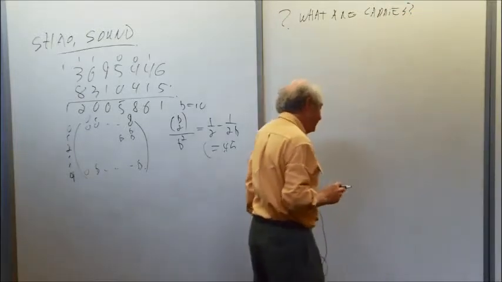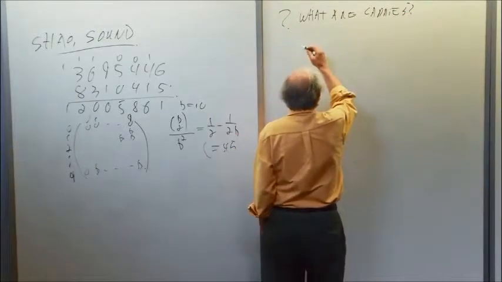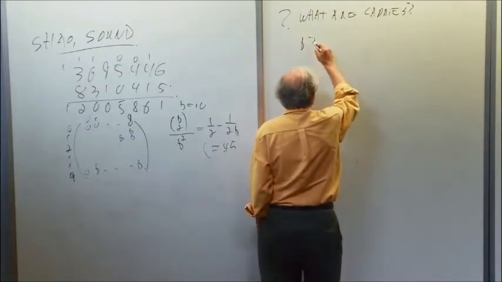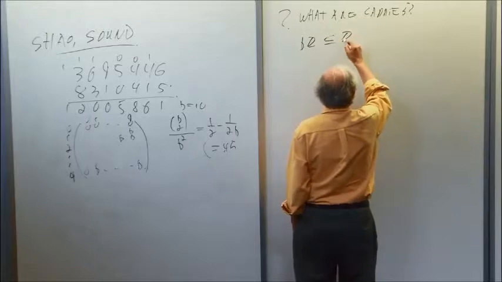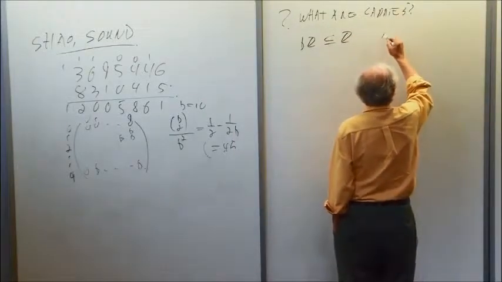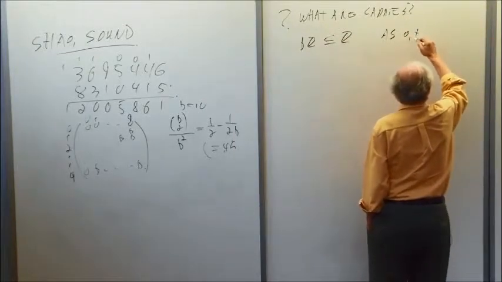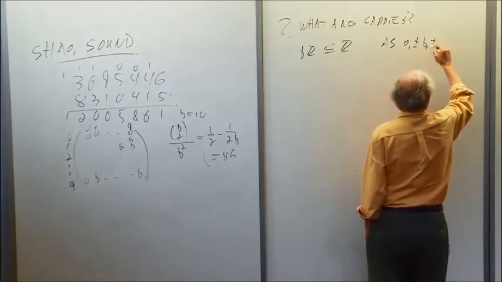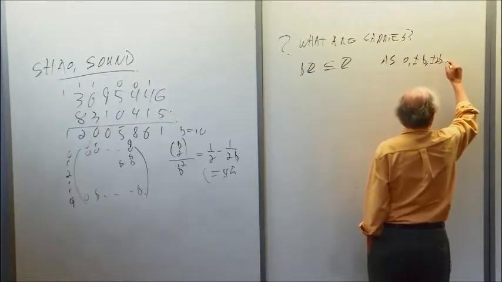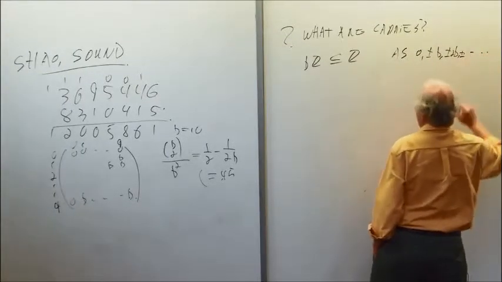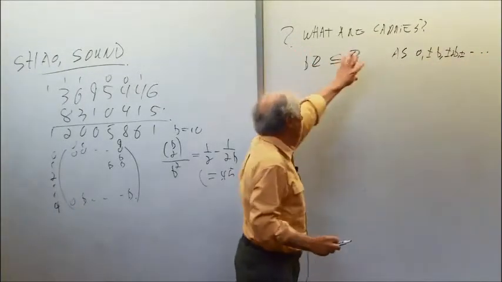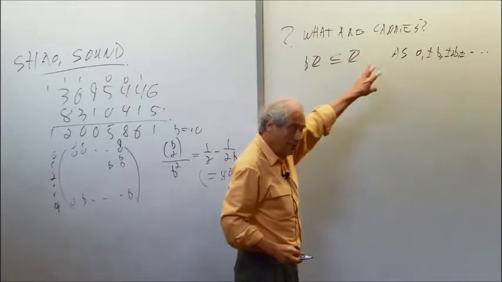Well, you have the group bZ contained in Z, for example, as 0, plus or minus b, plus or minus 2b, etc. This is a subgroup of this group.